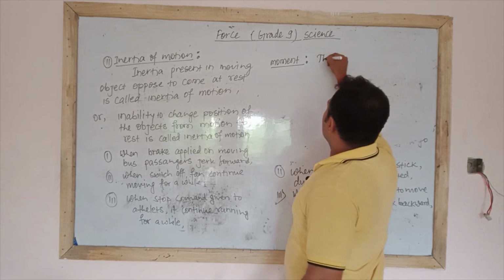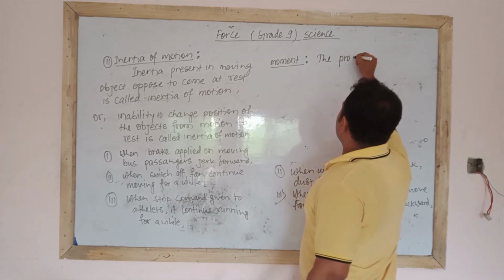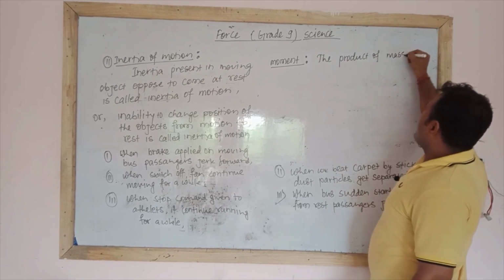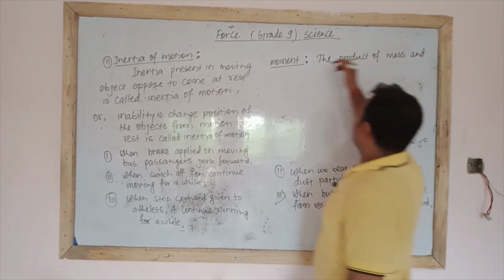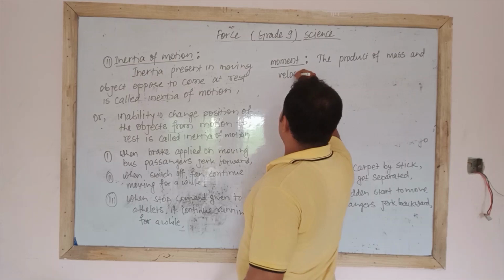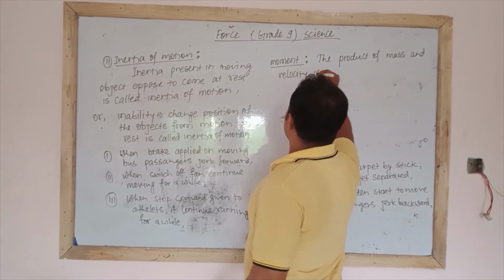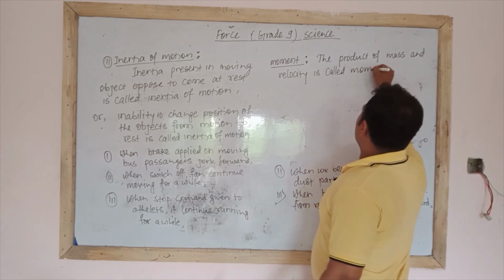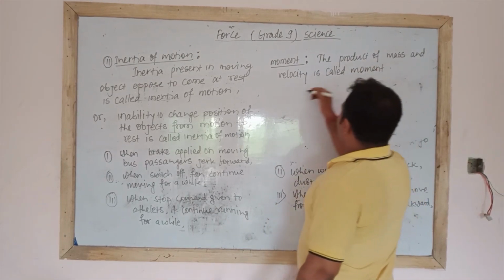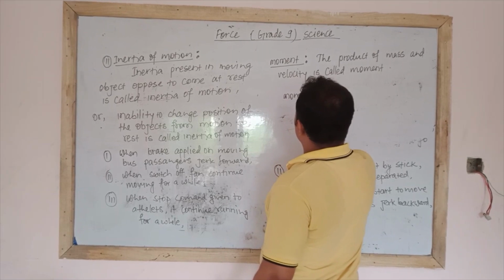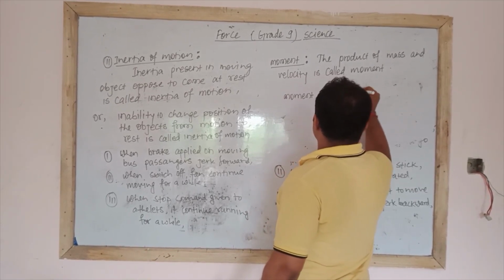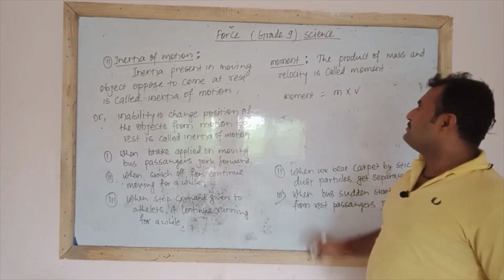Simply, the product of mass and velocity is called momentum. Momentum can be calculated by m into v.